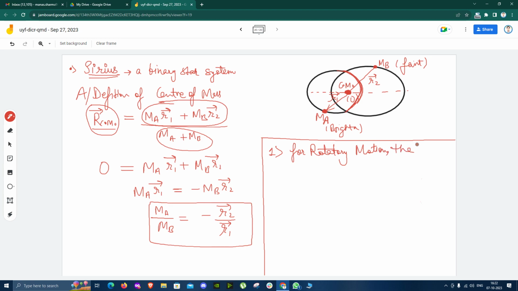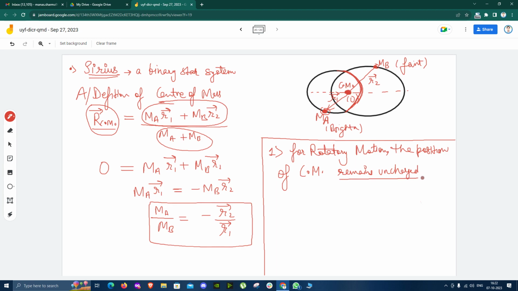Let's say this is the rotatory motion of a system of particles. The position of the center of mass remains unchanged. Both MA and MB are moving, but the center of mass is not moving.